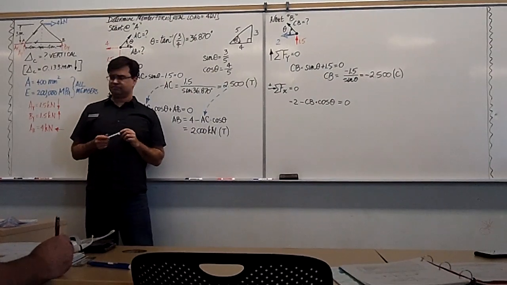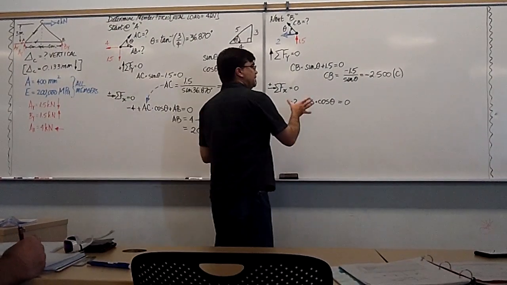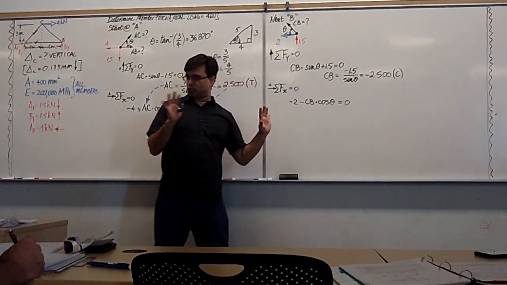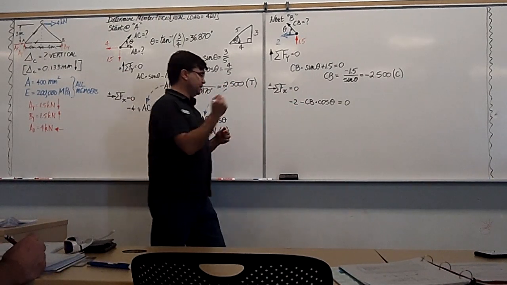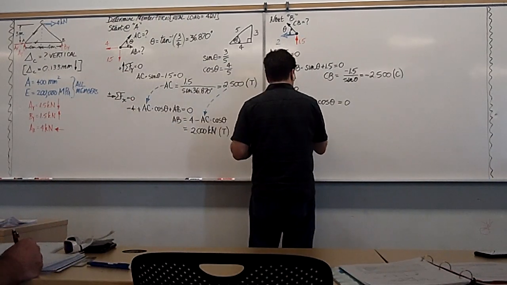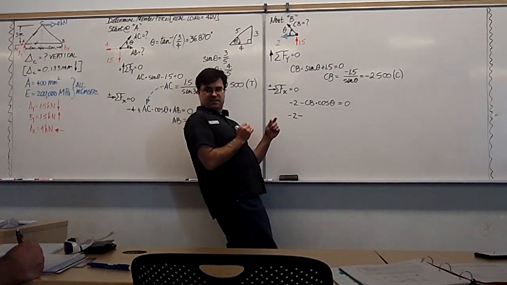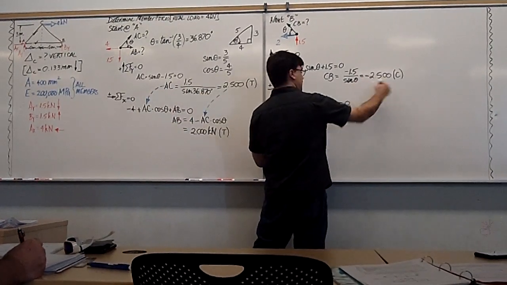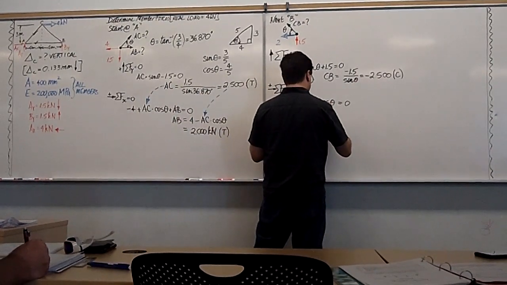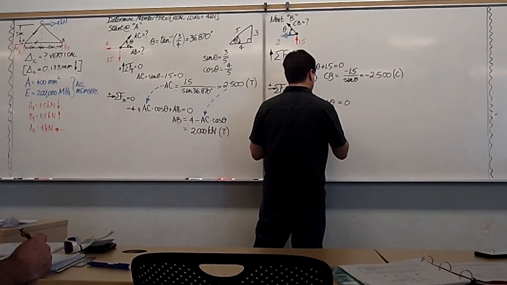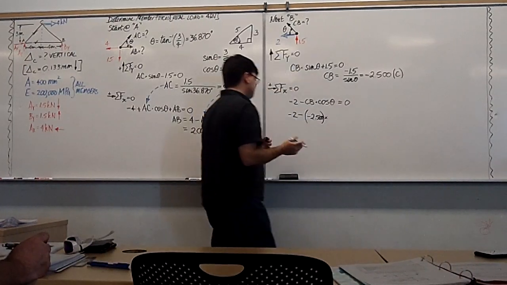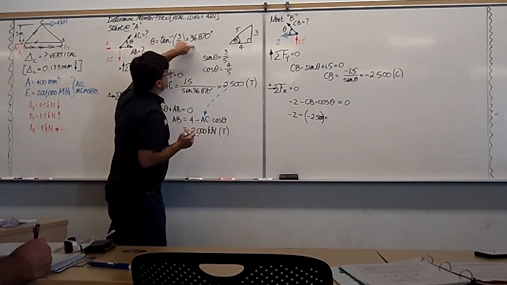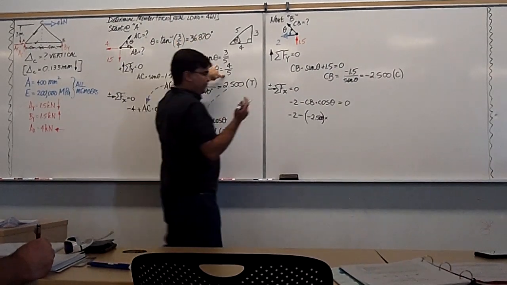Look okay? So I'm going to substitute the number in here, just so you see how I'm doing it. This is minus 2 minus 2.5 times cos of the angle. You can either write it as cos of this number or 4 over 5.